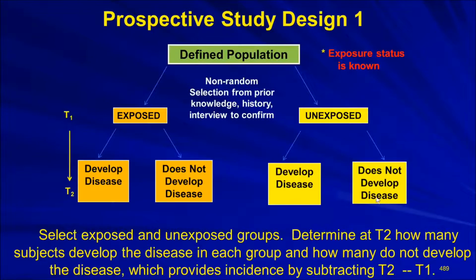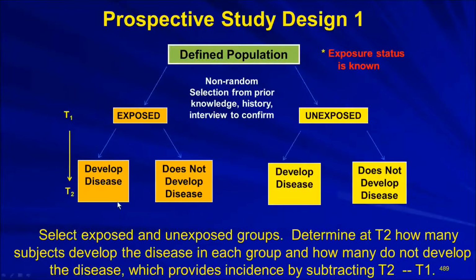So, what we do is we select exposed and unexposed groups, right? That's what it says. Determine at time 2 how many subjects develop the disease in each group and how many do not develop the disease, which provides incidence by subtracting T2 from T1.